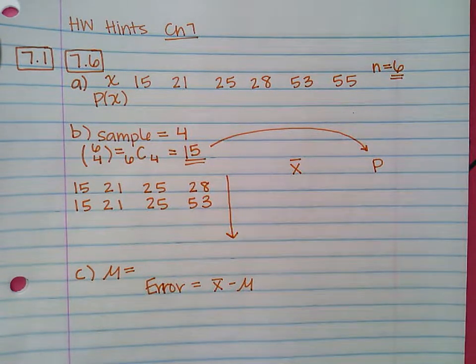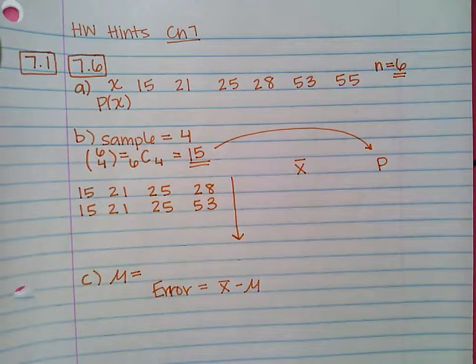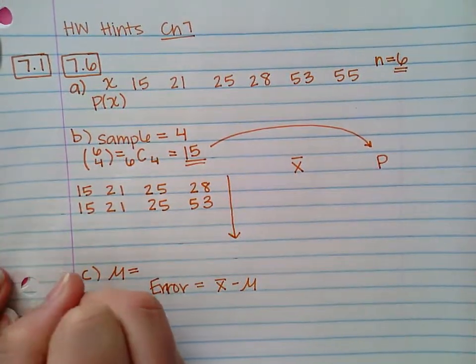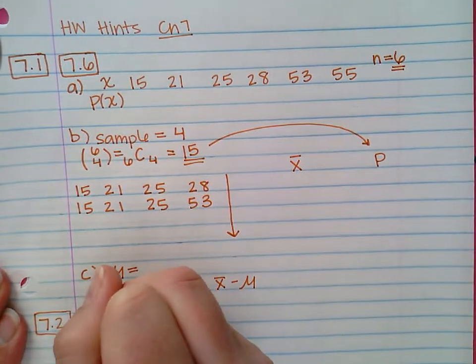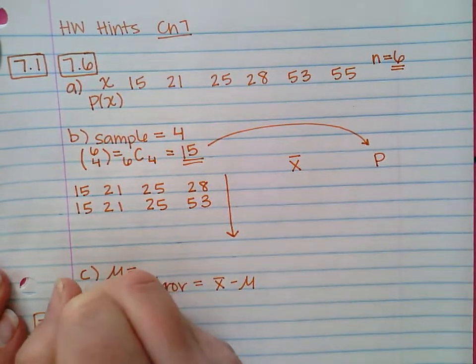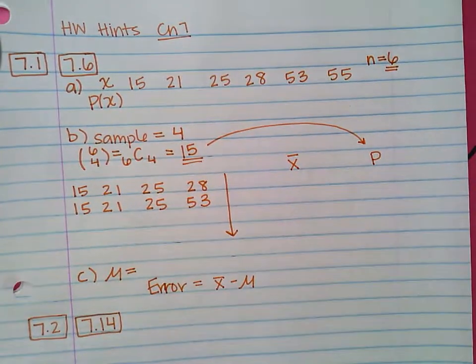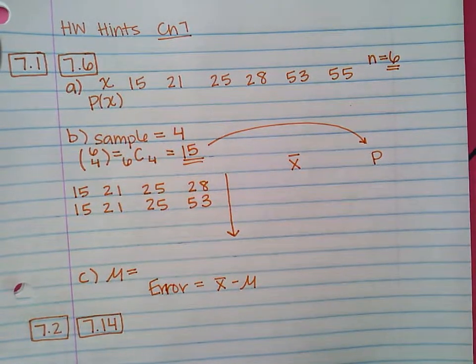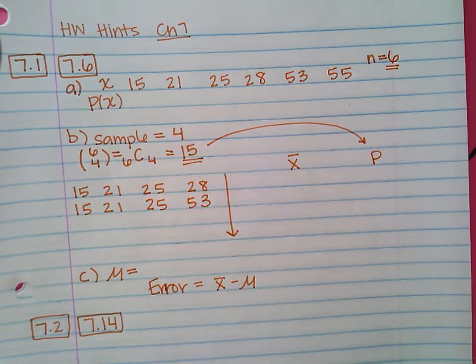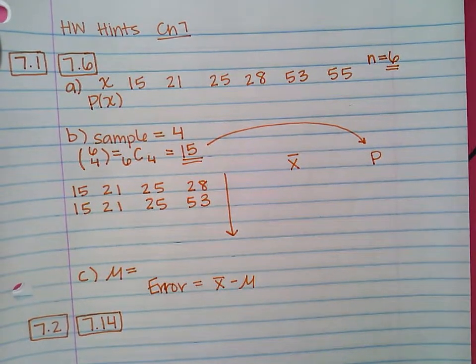In section 7.2, I'm going to have us look at problem 7.14, okay? And it says, living spaces of all homes in a city have a mean of 2,300 square feet and a standard deviation of 500 square feet.